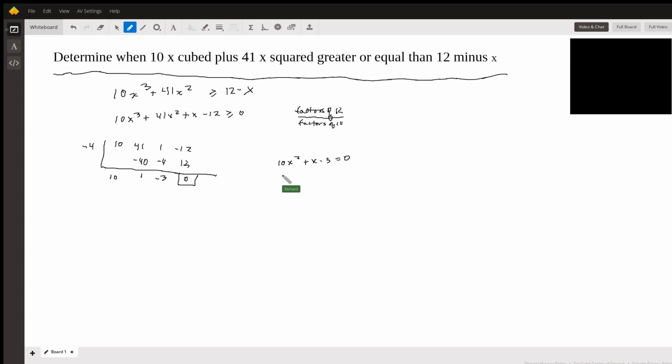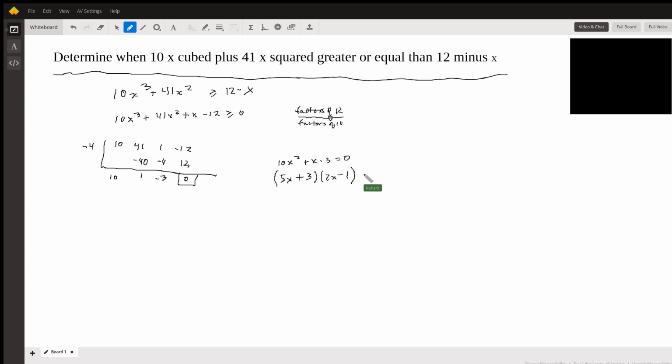I think it's going to be 5x and then 2x here, and a 1 over here and a 3 here. We want -3, so it's a +3, -1 here.